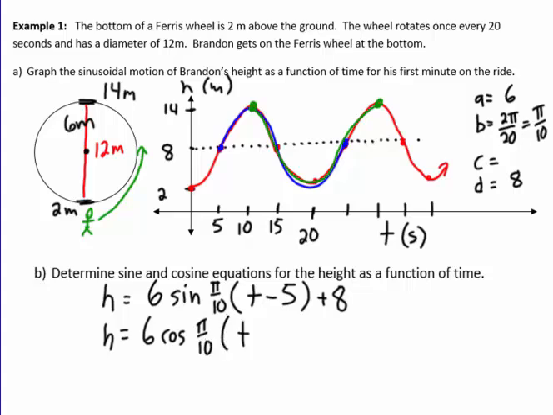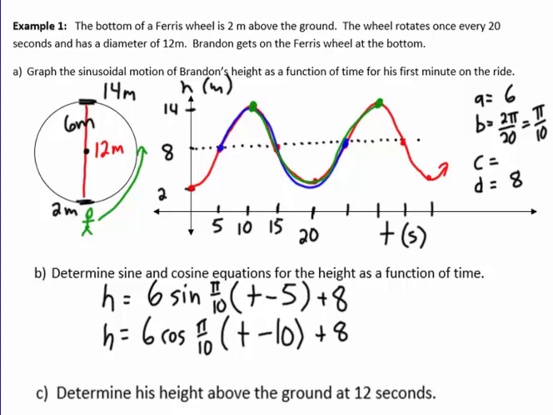T, the only thing that changes now is the phase shift. This graph has now been shifted over 10 units, in this case 10 seconds, and plus 8. There are the sine and cosine equations. Now there are others, but those would work, and those would allow us to find the height at any point in time. So that'll lead us to part C.